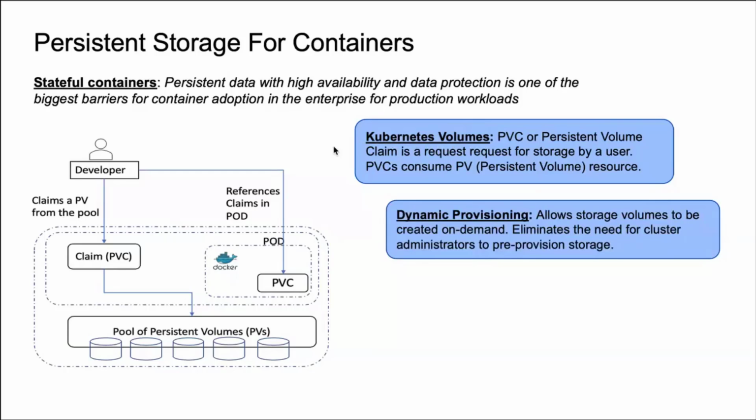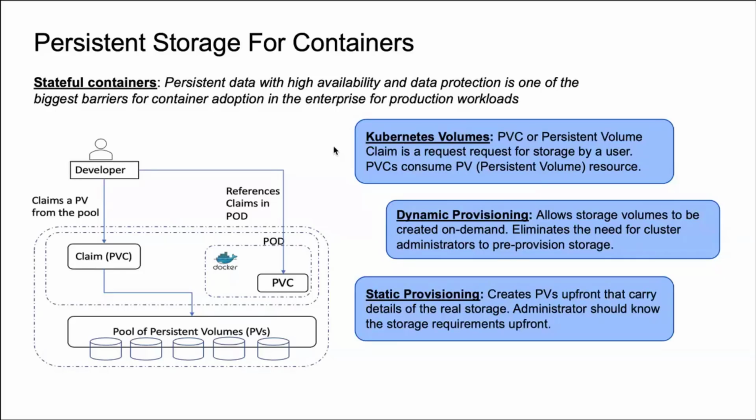It's kind of a self-service provisioning. It eliminates the need for administrators to do any kind of pre-provisioning, and it can be used to dynamically create storage for your containers. At the same time, it is also possible to use an existing storage device, or you use an existing storage as volumes for your containers.